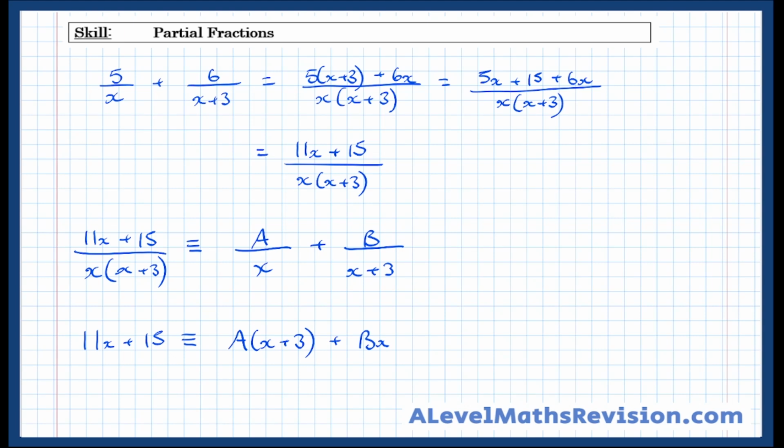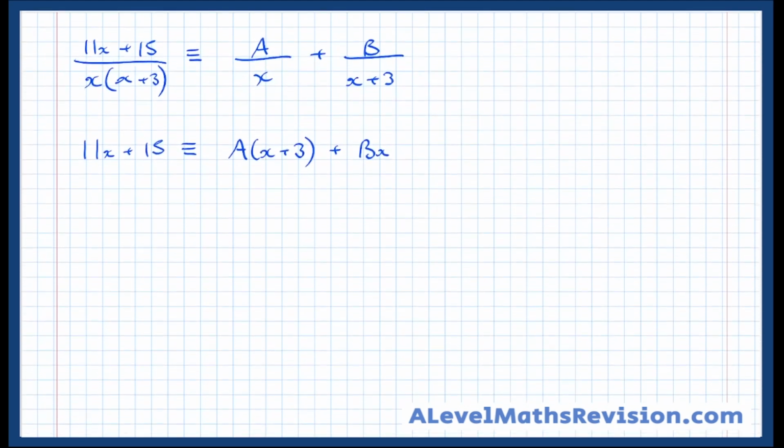So the next thing we're going to do, because this is an identity, because this expression here is identical to that one, any value of x we sub in will work. But what we're going to do, we're going to sub in tactical values of x to eliminate variables on the right hand side. So I'm going to sub in first x equals minus 3, which will make this part disappear.